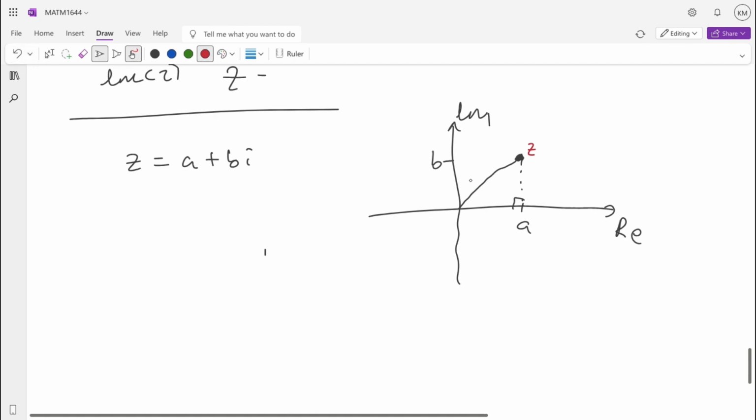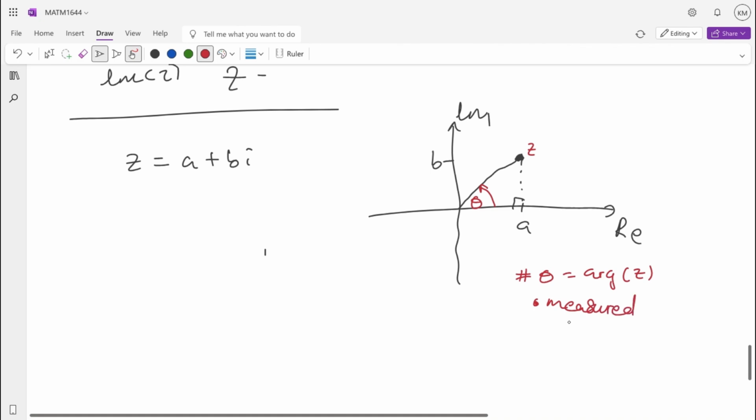That angle, we can call it theta. Notice that theta is what we call the argument of z. So theta is the argument of z. Then how is it measured?